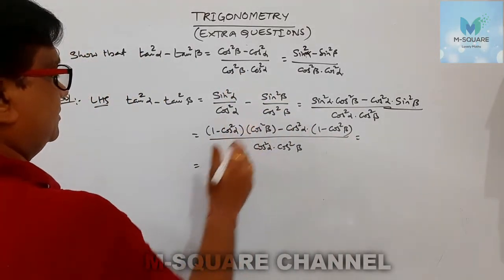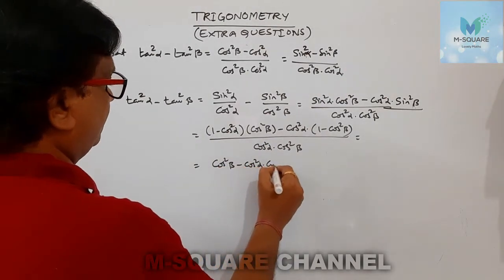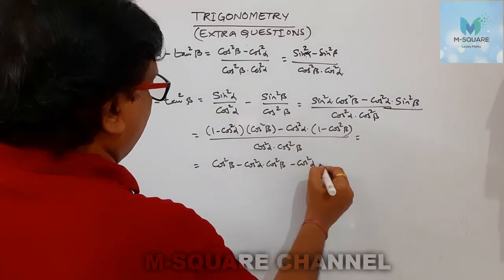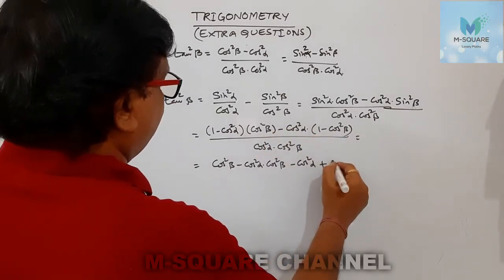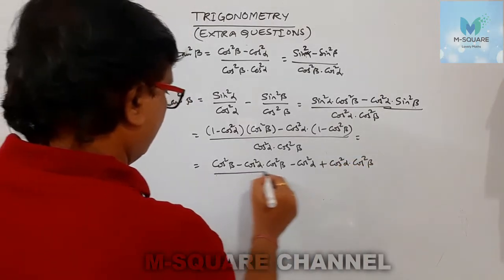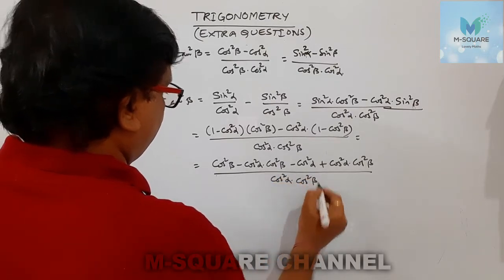After multiplication, cos square beta minus cos square alpha cos square beta, minus into minus plus cos square alpha cos square beta, whole by cos square alpha into cos square beta.